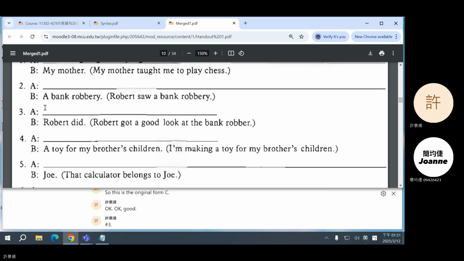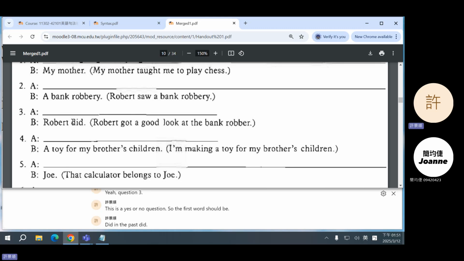Number 3. Question 3. This is a yes or no question. So the first word should be did in the past. Did. Right?